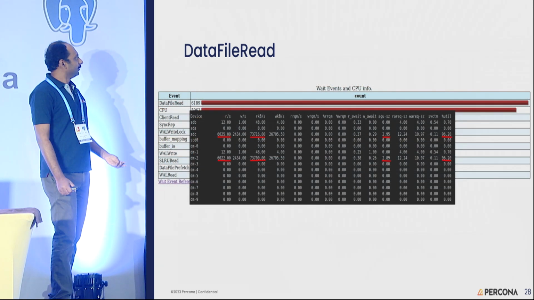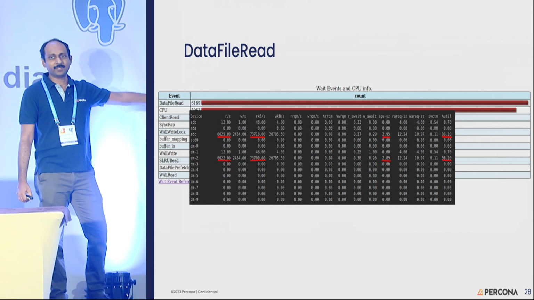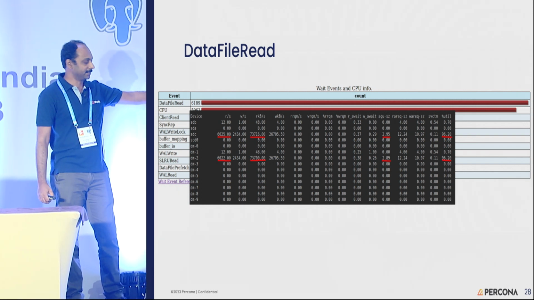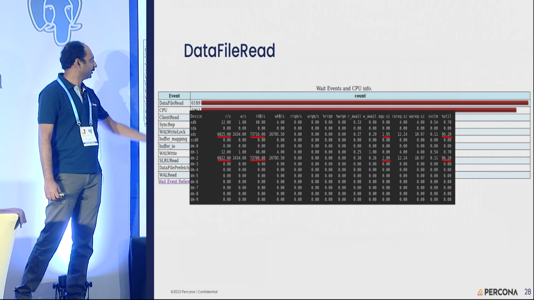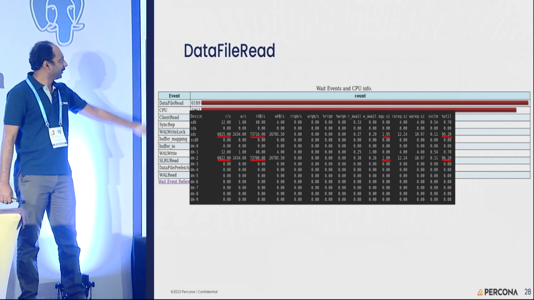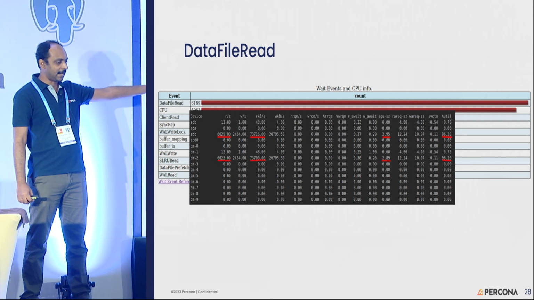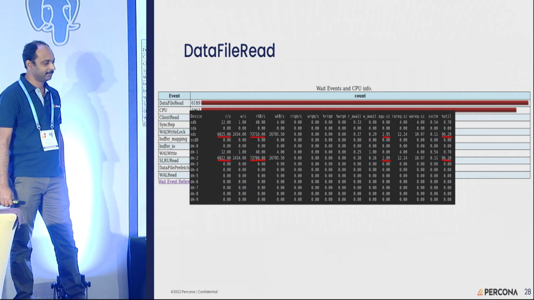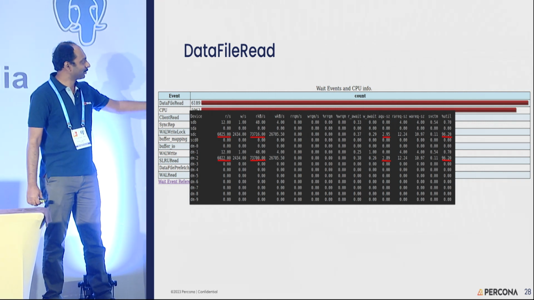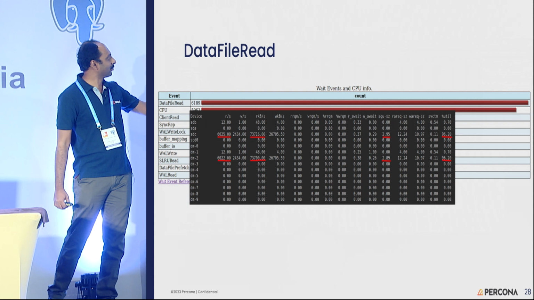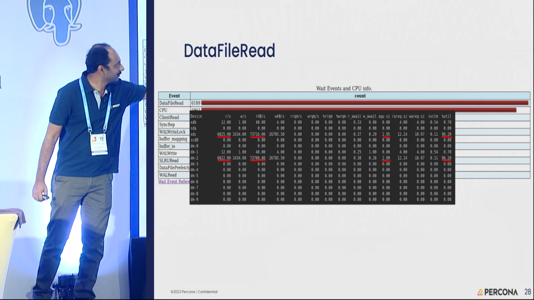Yeah, and this is the iostat information when there is a lot of data file read happening. This is from the Linux tools, the sysstat tool. Here we can see the read requests are higher than the write requests, and because of the extreme read requests, the queue size is increased.